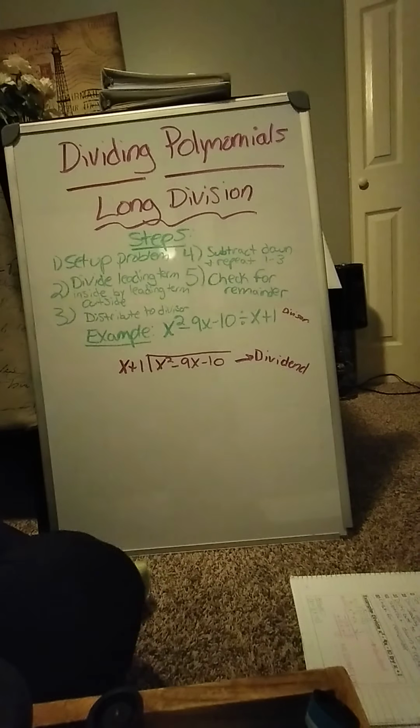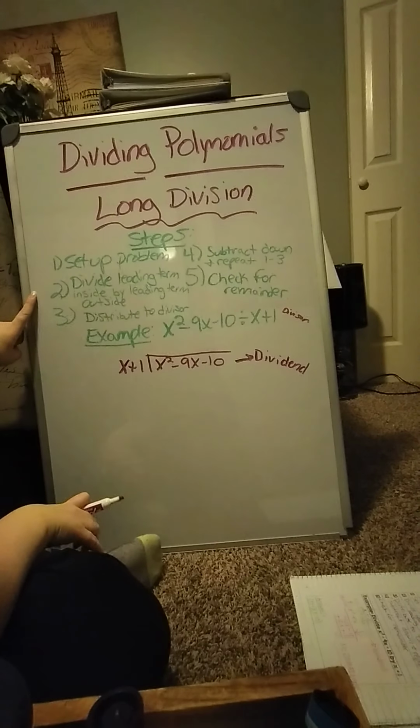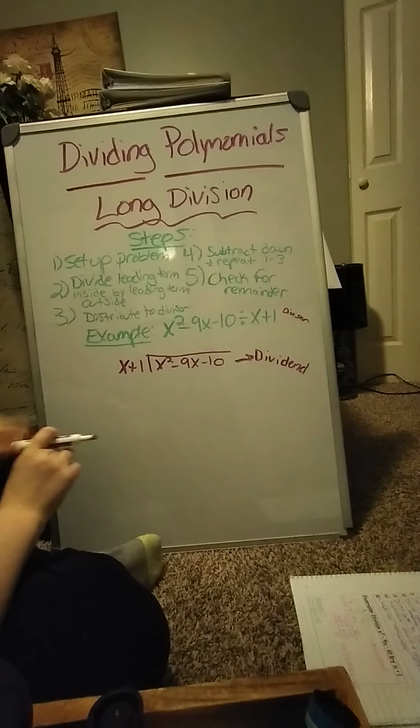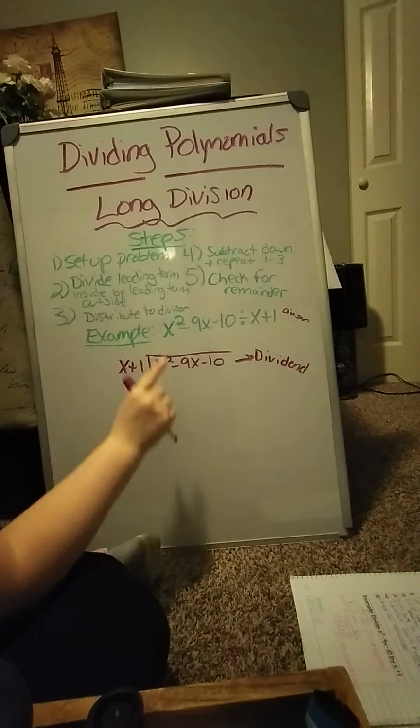Now, when it says divide leading term inside by leading term outside, my leading term inside is my x squared. My leading term outside is my x. So I'm going to do x squared divided by x. When I do x squared divided by x, I get an x.